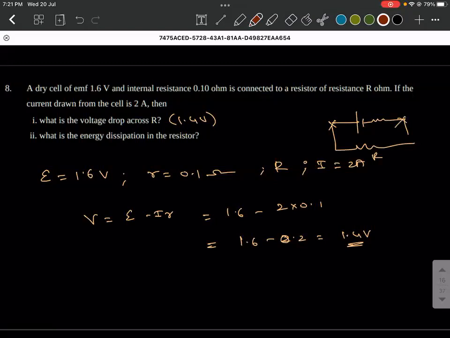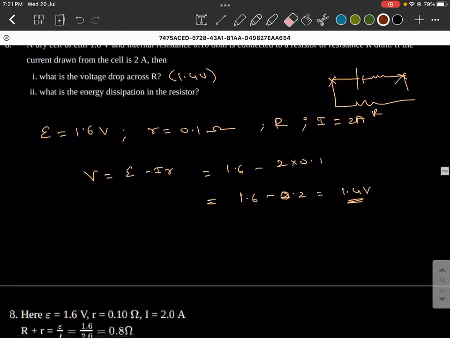So whatever potential difference occurs across the ends of the cell will be the same potential difference across the resistance R. Correct? This is 1.4 volt. What is the energy dissipation in the resistor? P is V square by R.